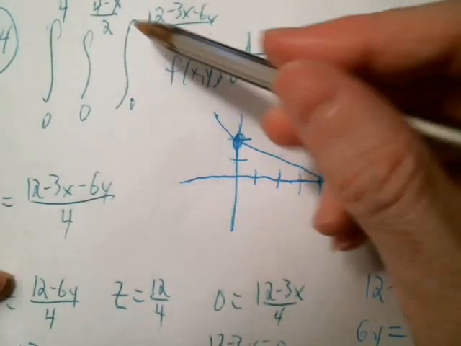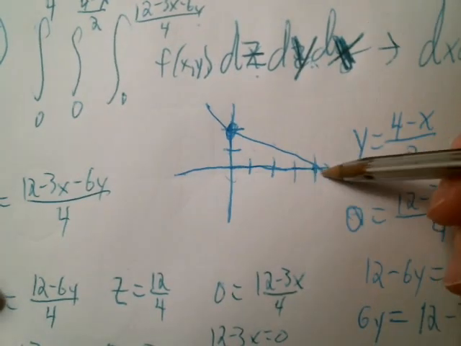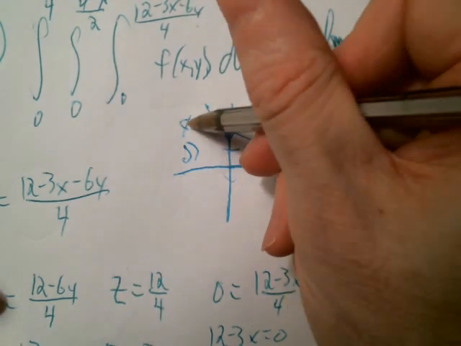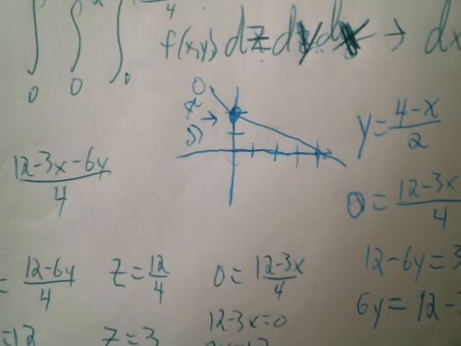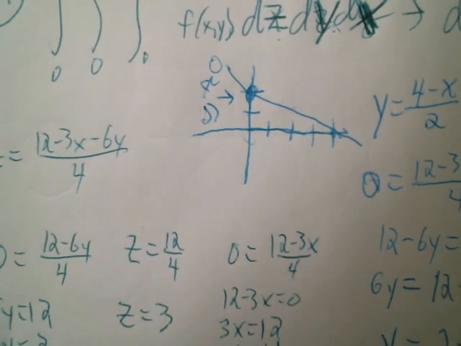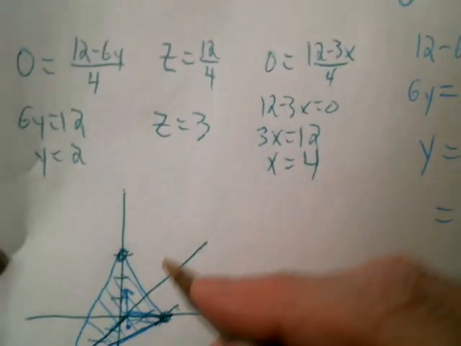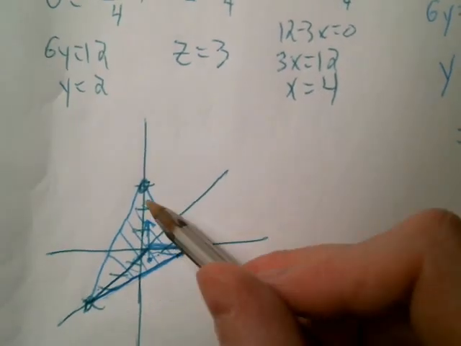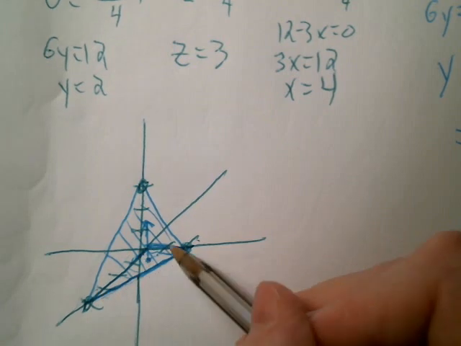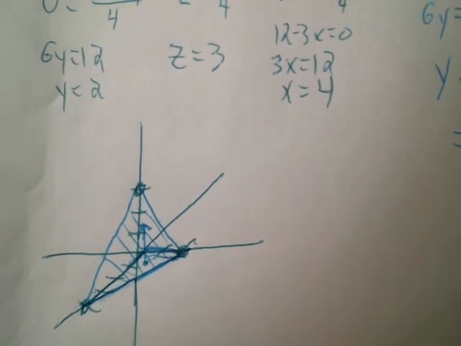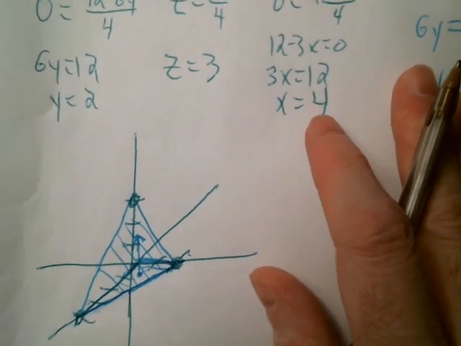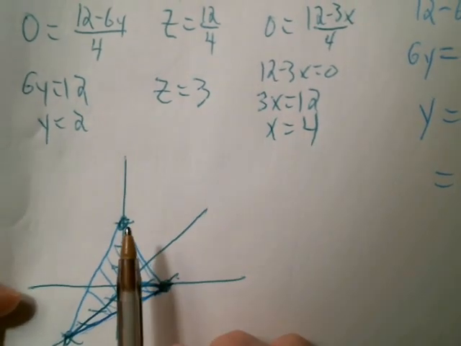And then I'm going from 0 to 4 on the x-axis, so my Riemann sum is going in this direction. So it's basically this triangular sort of solid that I'm finding the volume of with that triple integral. I'm integrating over it, but that's the thing.